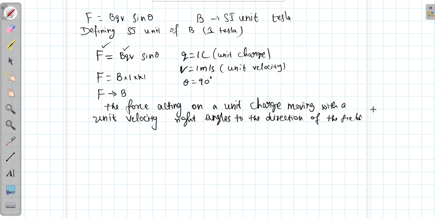Okay, we continue. So 1 Tesla is the magnetic field that is used to produce a force on a unit charge moving with a unit velocity at right angles to the direction of the field. That is 1 Tesla.